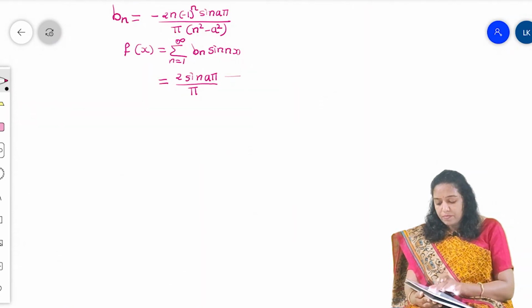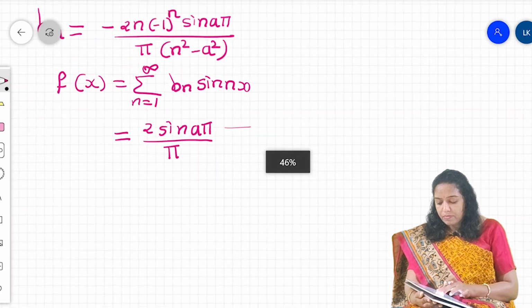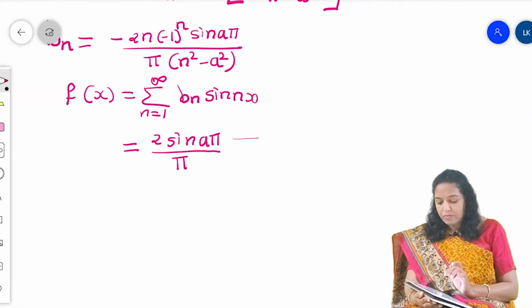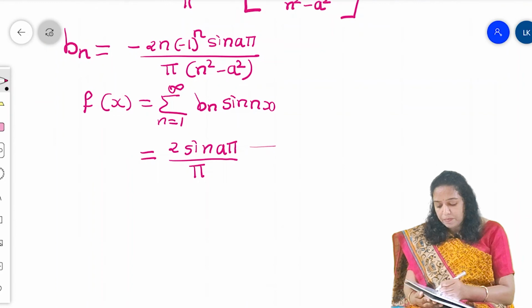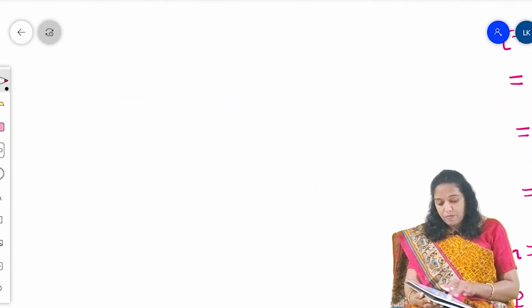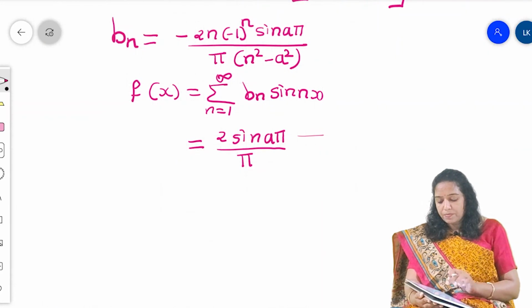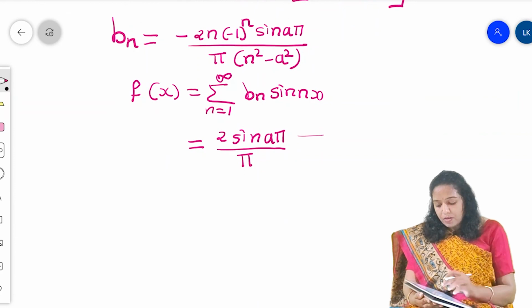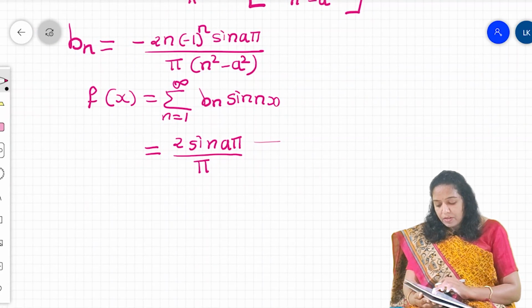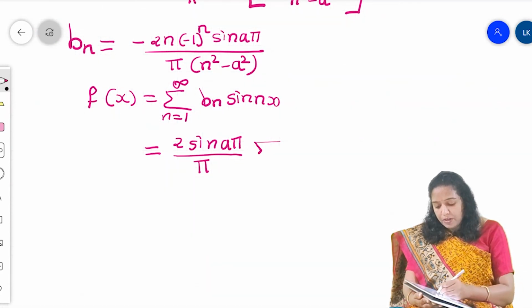Then summation n is 1 to infinity sin nx.